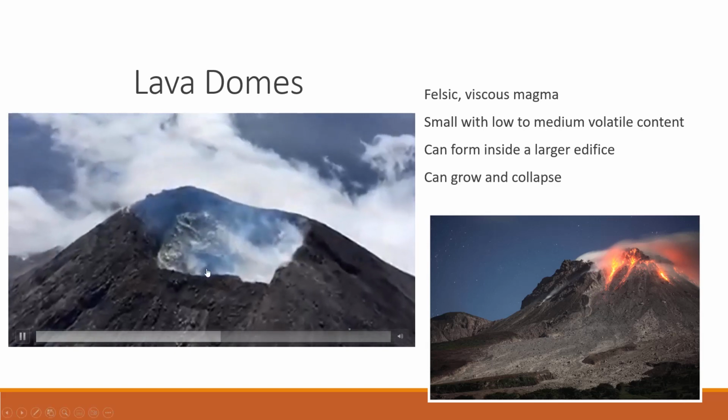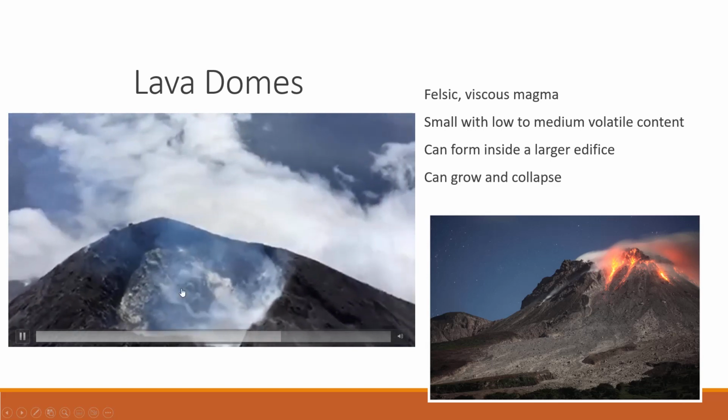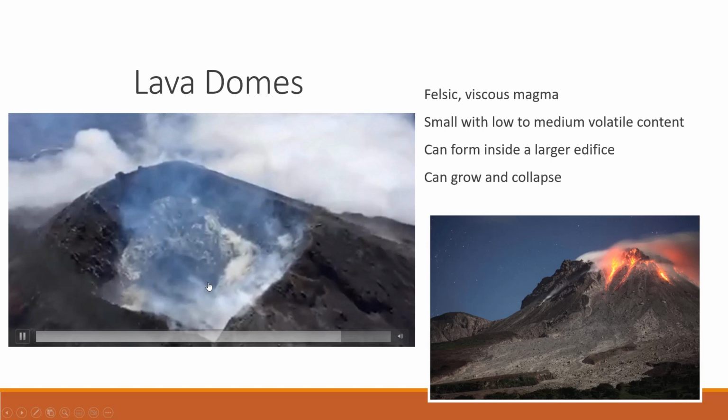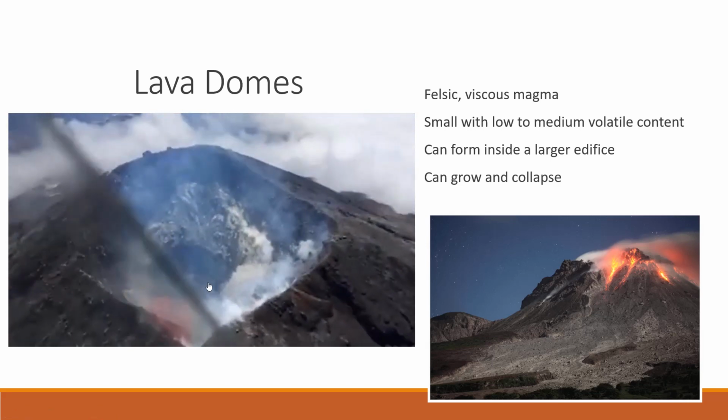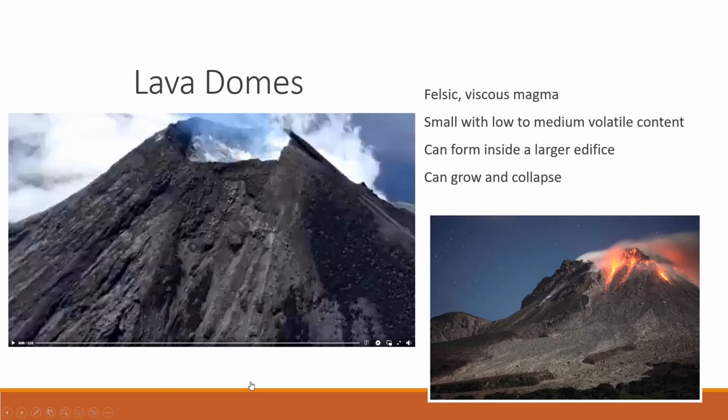So in here, this is our lava dome that is forming. So there is a bulge basically inside this crater. You don't actually see liquid lava inside a crater, but you saw a little bit of heat there. So let's see if I can go back so we can show this again.